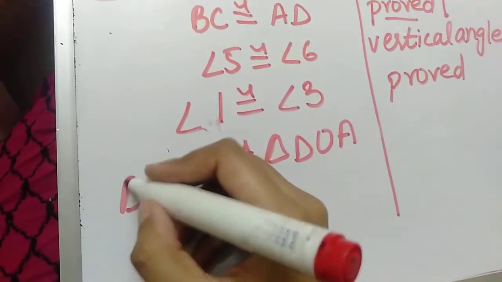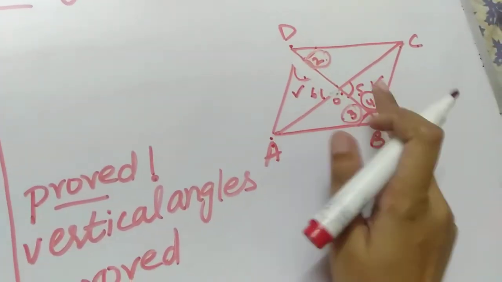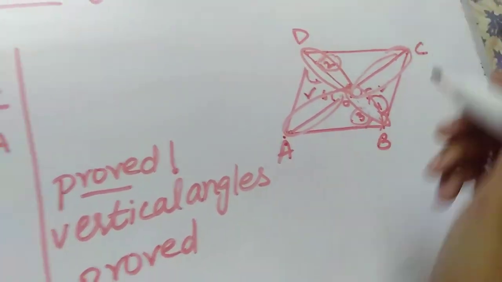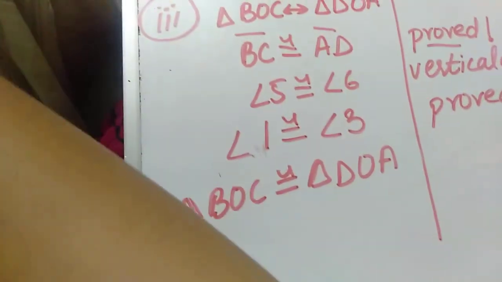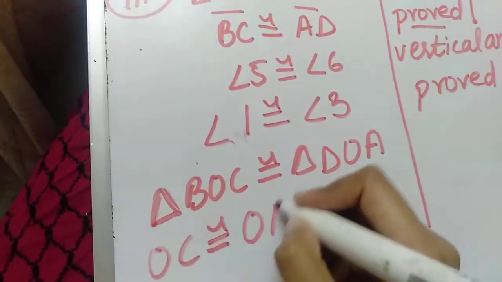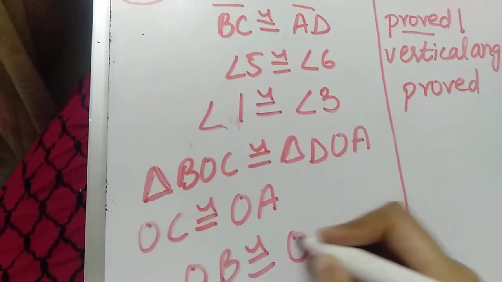If the triangles are congruent, then every side is congruent. So if the two triangles are congruent, then this side is congruent to this side, and this side is congruent to this side. So we will write OC is congruent to OA and OB is congruent to OD.